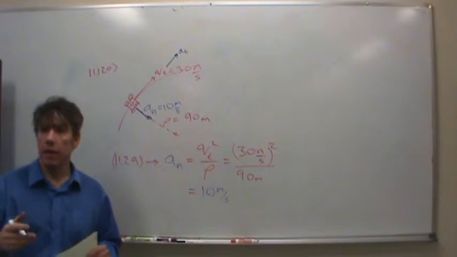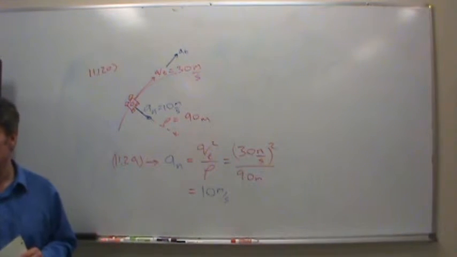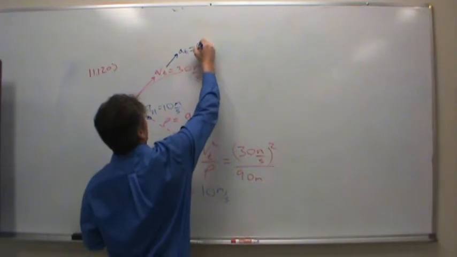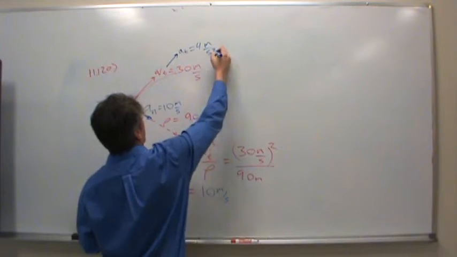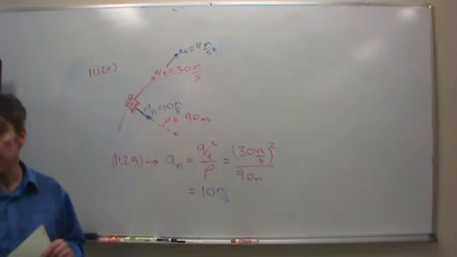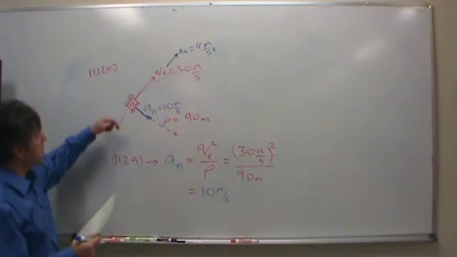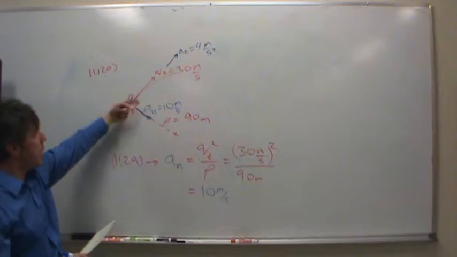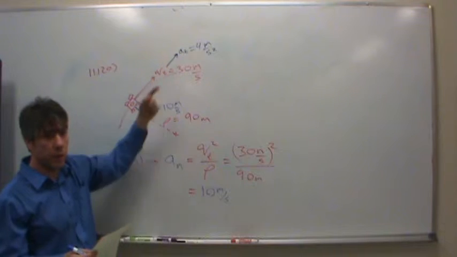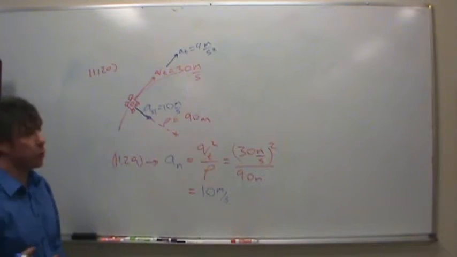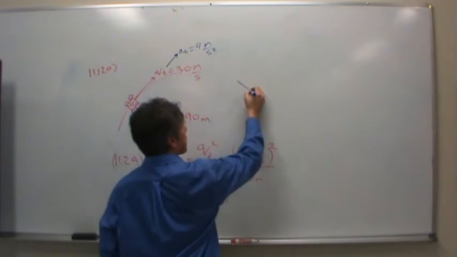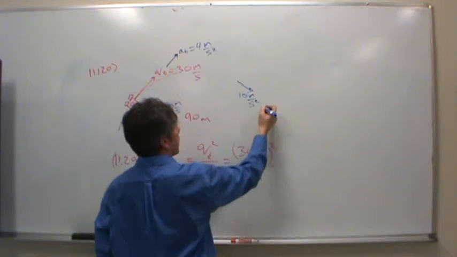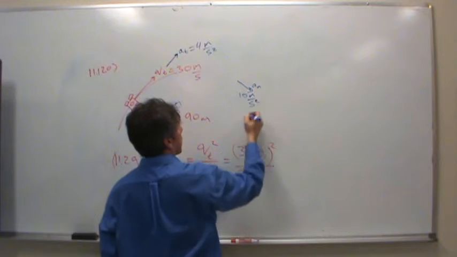Now they gave us the tangential acceleration. They told us that the tangential acceleration was 4 meters per second squared, or 4 meters per second every second. Now do you see that since the acceleration of the car has a component in the normal direction and a component in the tangential direction, you could add those two together vectorially? In other words, you could take this 10 meters per second squared of normal acceleration.